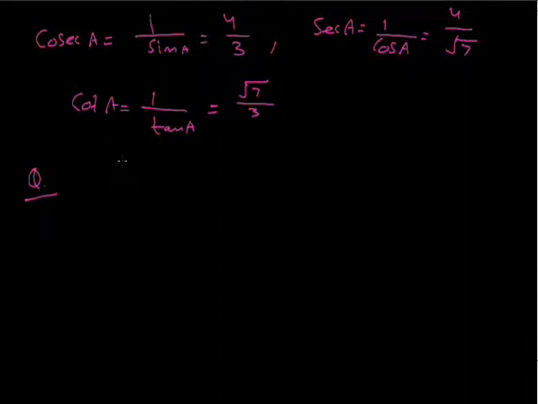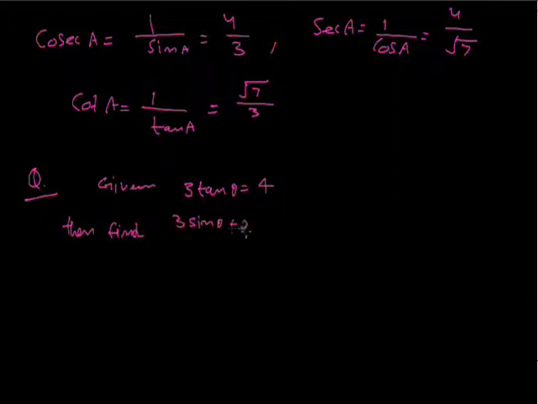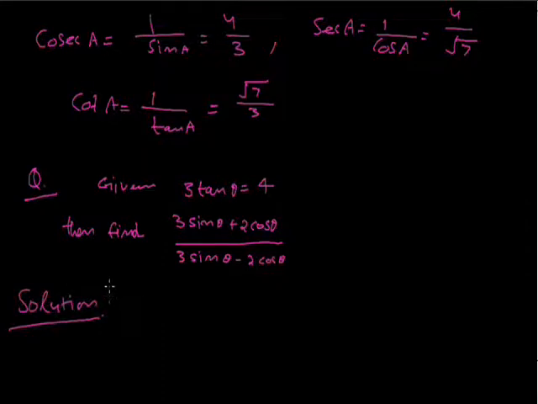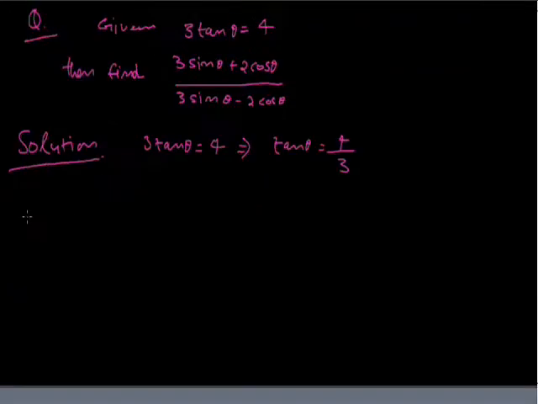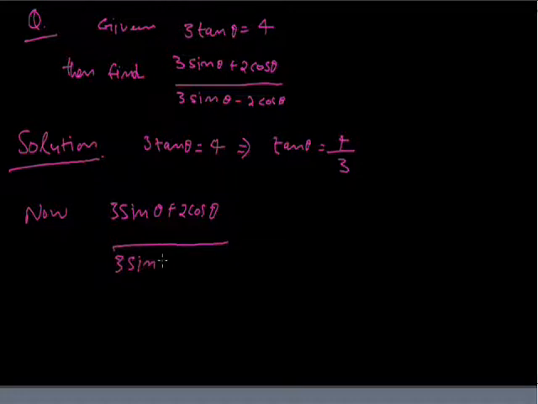Next problem: given 3 tan theta equal to 4, find (3 sin theta plus 2 cos theta) upon (3 sin theta minus 2 cos theta). Here we see that 3 tan theta equal to 4, so tan theta equal to 4 upon 3. Now divide 3 sin theta plus 2 cos theta upon 3 sin theta minus 2 cos theta by sin theta.